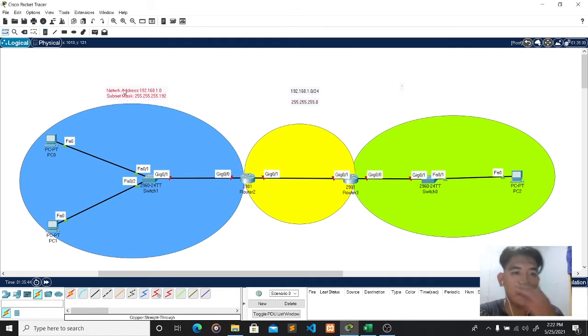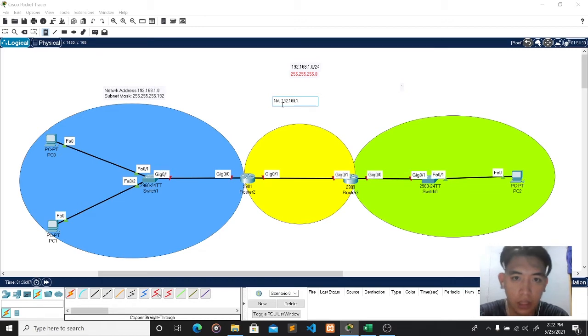So ito na, 192.168.1.0. Tapos maglalagay tayo dito ng kanyang bagong network. So ito yung old, so maglalagay tayo ng bagong network, and NA for short.